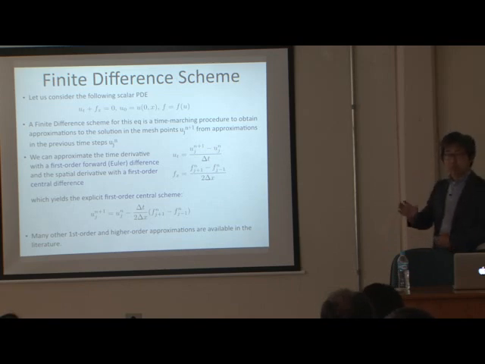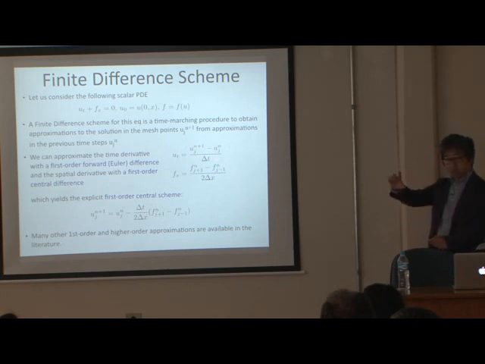We can collect some information from the previous time. So we can approximate the time derivative with this first order forward Euler difference, and the spatial derivative with the first order central difference. So u_t is u^(n+1), the next time step, minus the current time, divided by delta t.